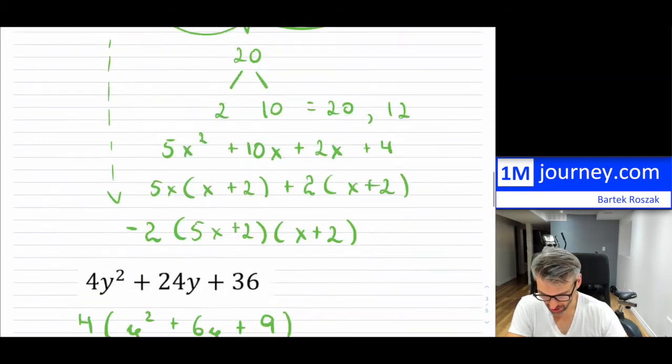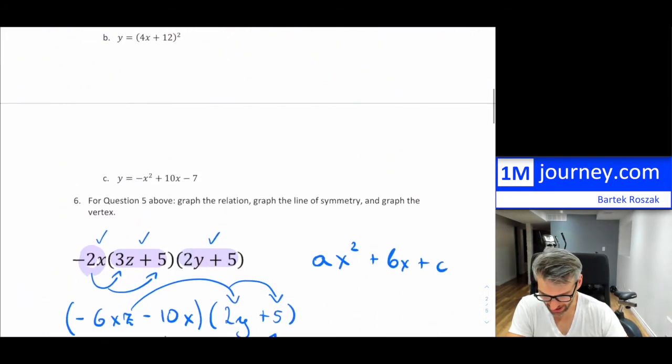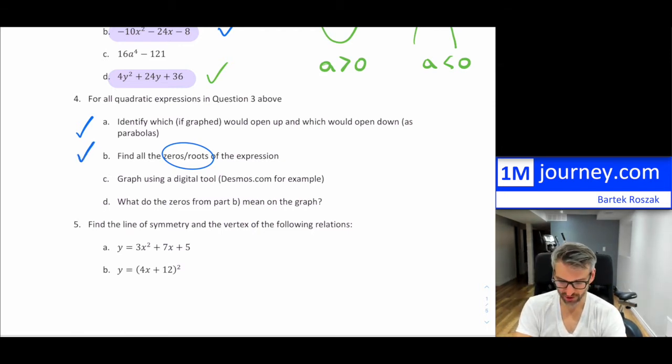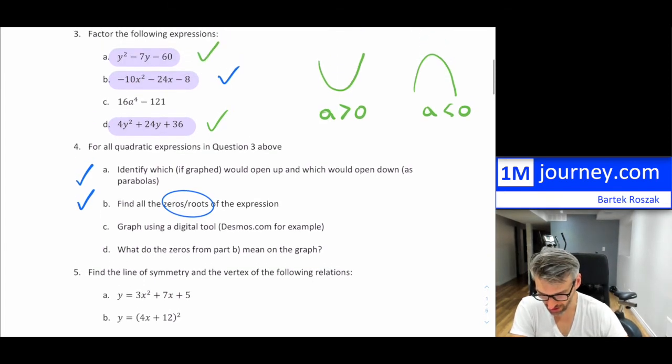Now let's take a look at what else they want in that particular question. That was part B. Graph using a digital tool, for example, Desmos. Okay, so let's use Desmos to plot these out. So it's y squared minus 7y minus 60.